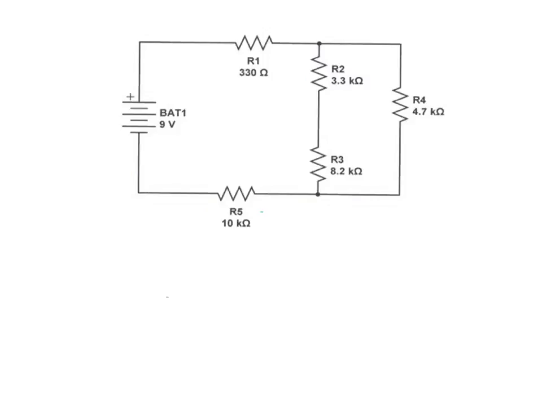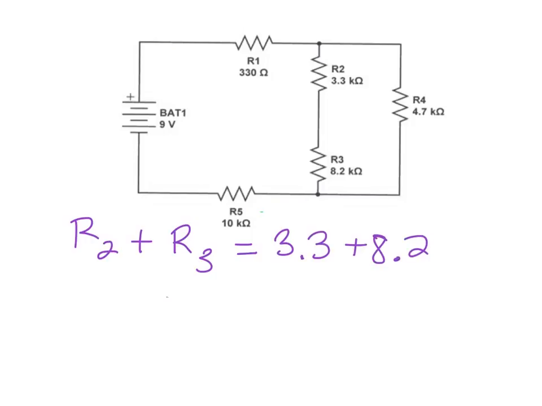Okay, so let's do this. I'm going to start by adding R2 plus R3 because I know those are combined together. So I'm going to do 3.3 plus 8.2, and that's going to give me 11.5, I think, if my math is correct. So doing this would be the equivalent of having one resistor there that's 11.5.